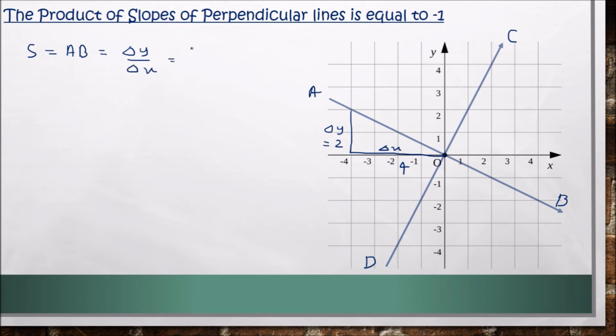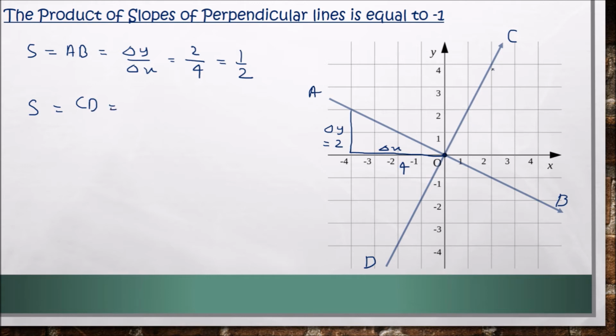Our change in y is 2 units and our change in x is 4 units. So this will be 1/2. Since the slopes of perpendicular lines are negative reciprocals of each other, the slope of our line CD will be -2/1. But let's find out what the slope of our line CD is.